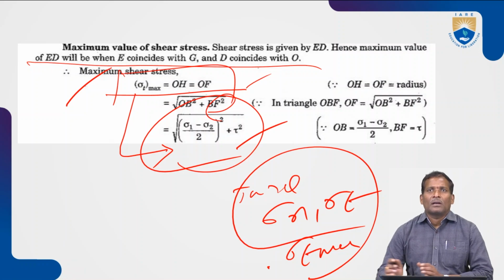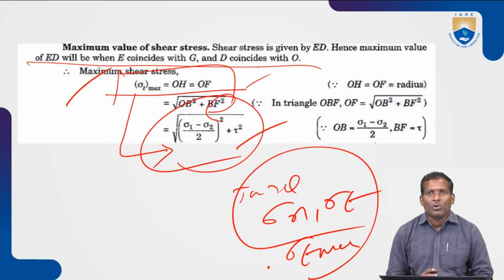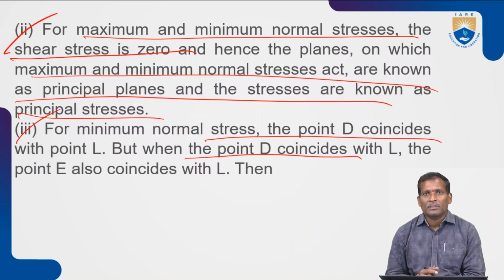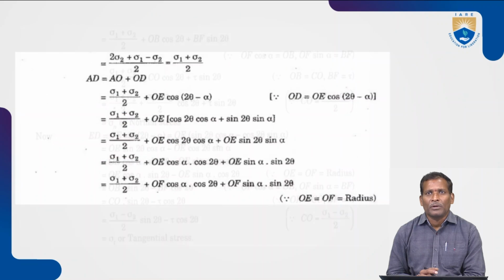So this is the main purpose of the Mohr circle. Up to now we have defined the principal stresses and the principal planes, and then the analytical method for representing the normal stress and the maximum and minimum principal stresses, and also the graphical method, that is the Mohr circle method. By seeing this Mohr circle, you can say the maximum and minimum values.